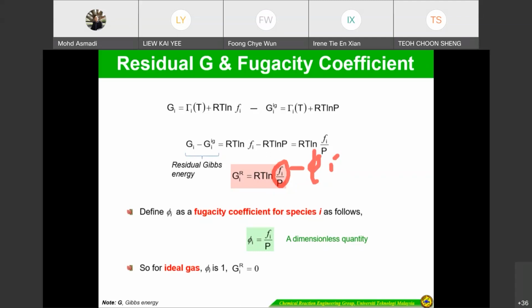If you still remember, in chapter 6 we determined the Gibbs energy, enthalpy and entropy, and the residual Gibbs energy.